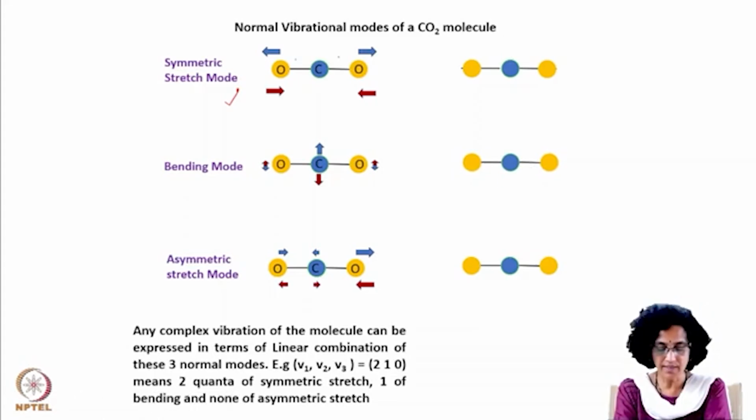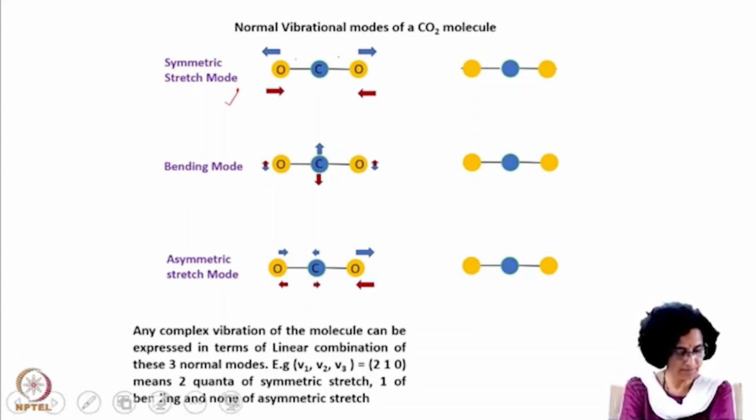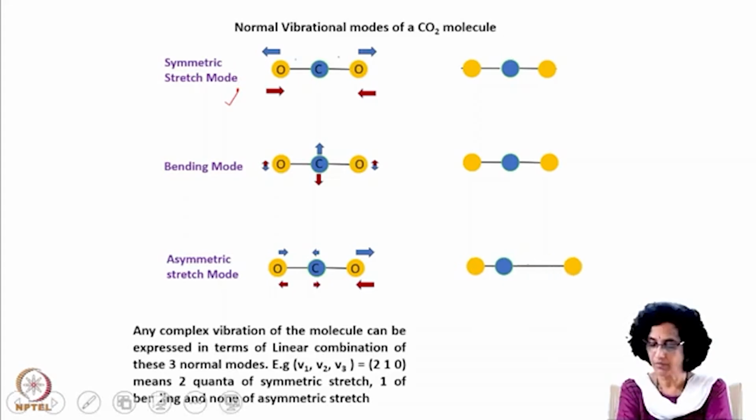And the third one is asymmetric stretch mode, where there is an asymmetry in the stretching. So you can see that there is an asymmetry in stretching. While one gets stretched, the other one gets compressed.